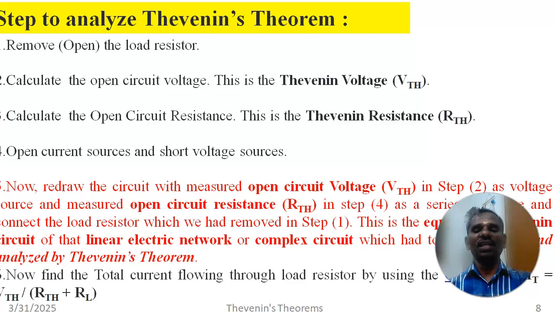This is the equivalent Thevenin circuit of a linear electrical network or a complex circuit, which has been simplified and analyzed by Thevenin's theorem. To find the current flowing through the load resistor, you can use Ohm's law: IL is equal to VTH divided by RTH plus RL.